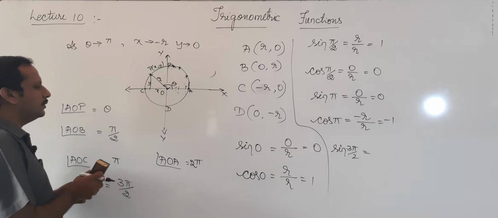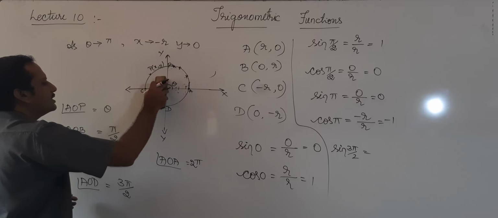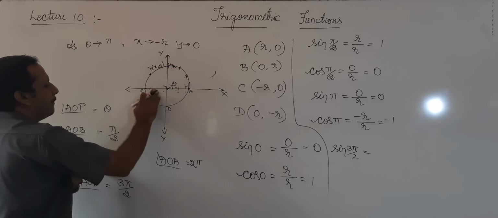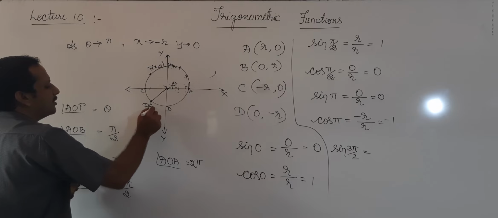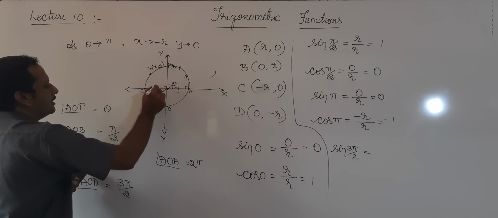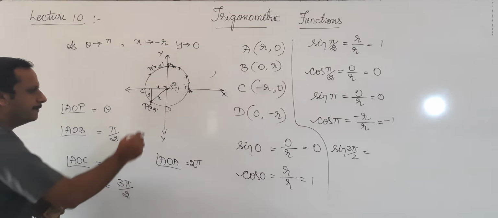Then now I will consider 3 pi by 2, the other quadrant angle. So theta is moving towards 3 pi by 2. Let me take P here, P of x y. This is x, this is y, both are negative now in the third quadrant.